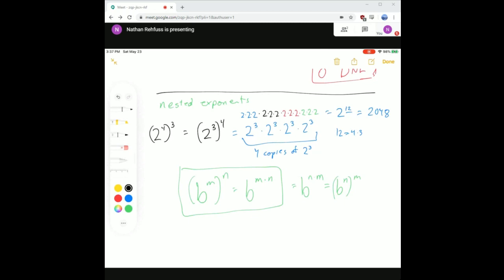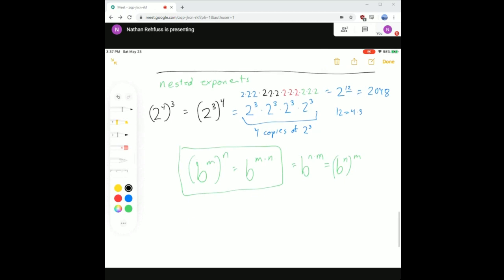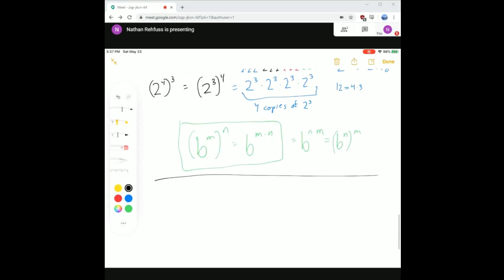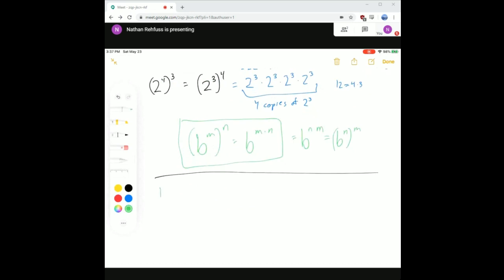I do want to talk a little bit about the distributive property, but before I do, I just want to point out, now we've got 5 different properties. We know that if I add inside the exponent, that's the same as multiplying outside. If I subtract inside the exponent, that's the same as dividing on the outside.